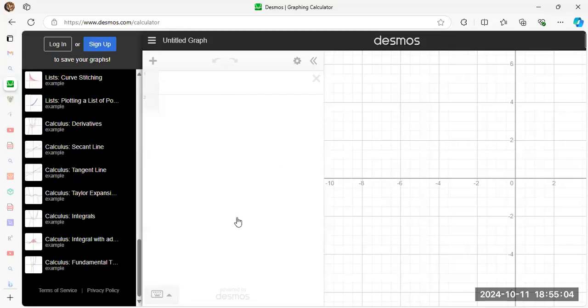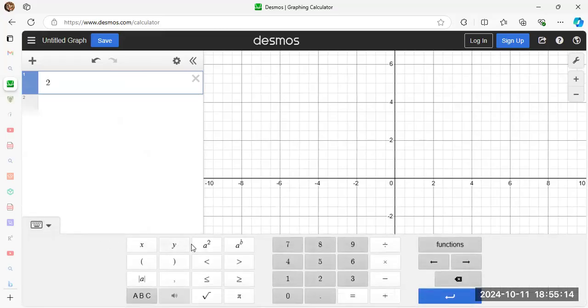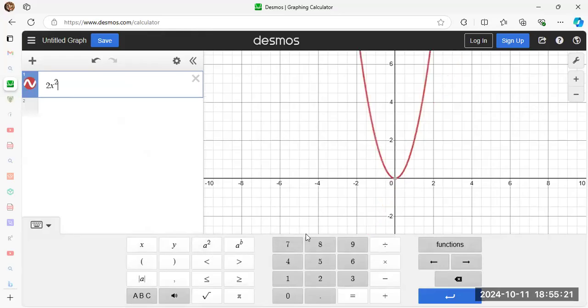All right, so I'm going to introduce you to an open source tool called Desmos Graph. This is what now? 2x squared. Anybody remember the function? 2x squared minus 2x, 4x squared minus 4x plus 2. That's what?